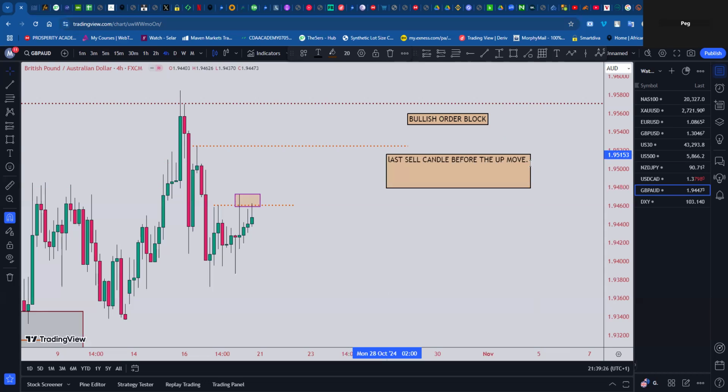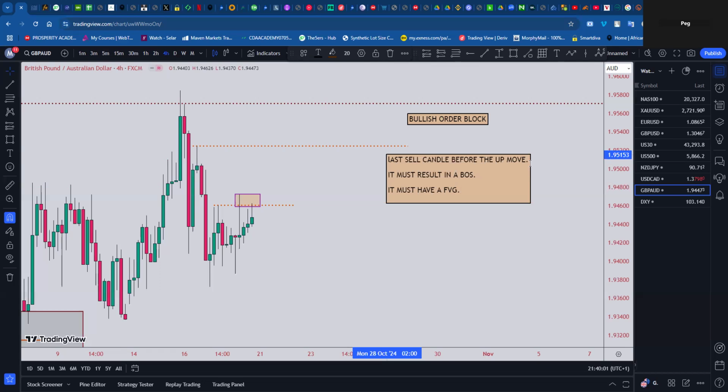Two, it must result in a break of structure, a BOS. Three, it must have a fair value gap.